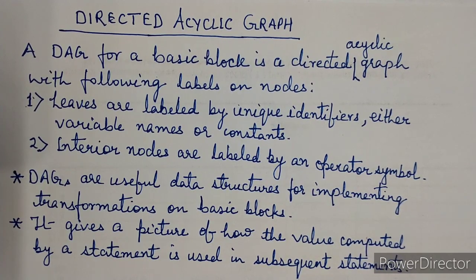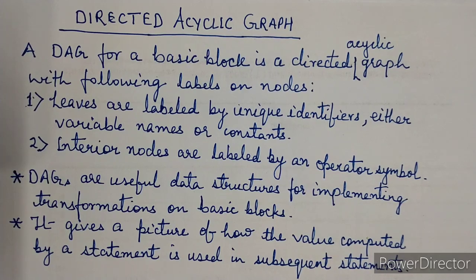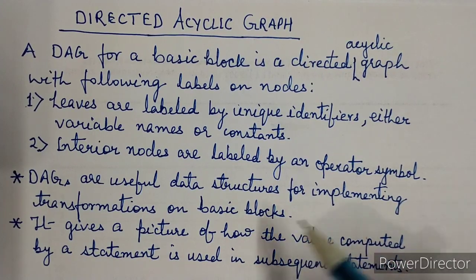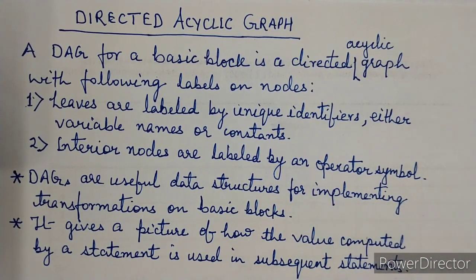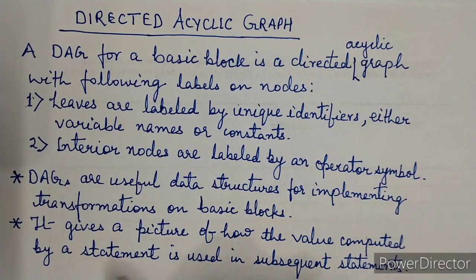Okay, we can identify common sub-expressions using DAGs, and eliminating common sub-expressions from DAG is a useful transformation on basic blocks. So DAGs are useful in identifying the common sub-expressions. It gives a picture of how the value computed by a statement is used in subsequent statements.